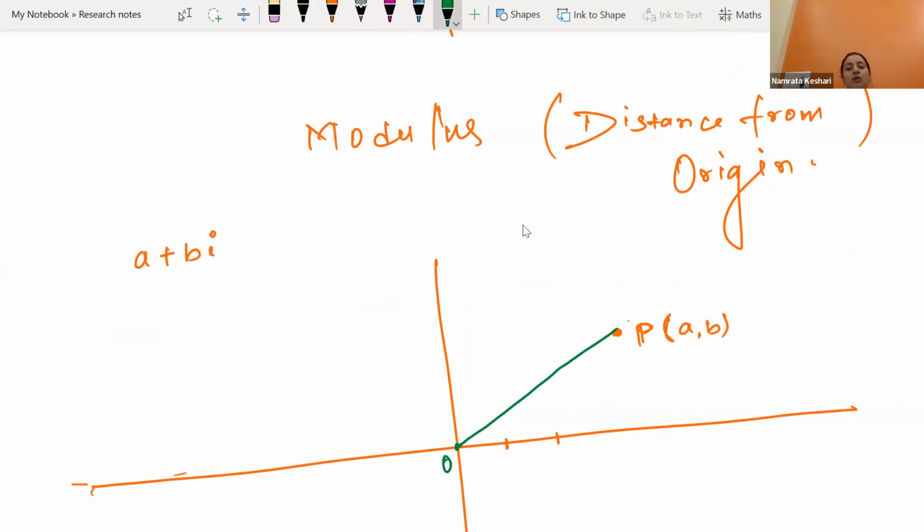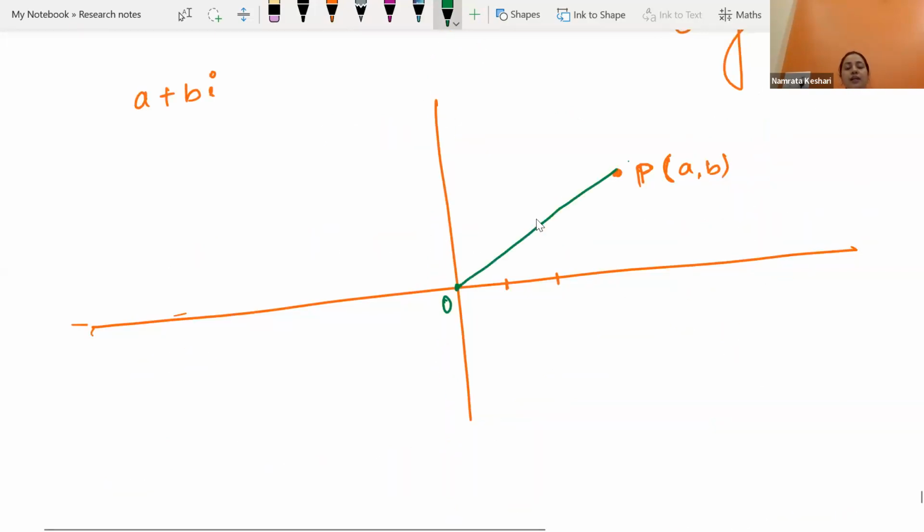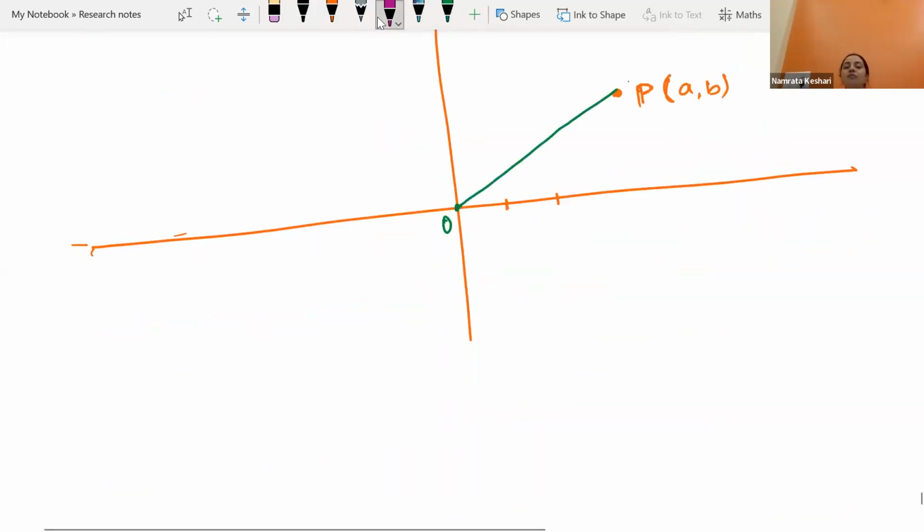Now, if we use the coordinate geometry we have learned so well, we can say that this much distance is b, and this much distance is a. Yes or no? If any coordinate is given like P, that is a comma b, the vertical distance is b and the horizontal distance is a.